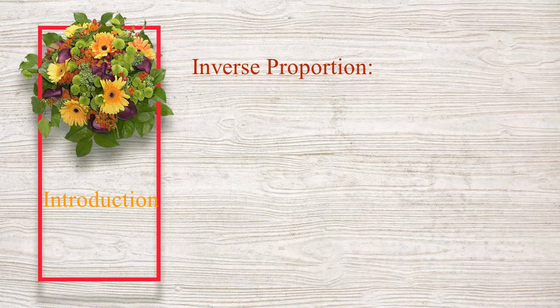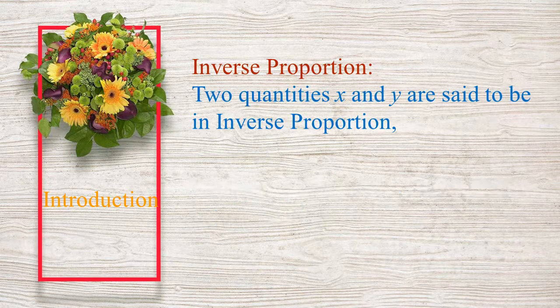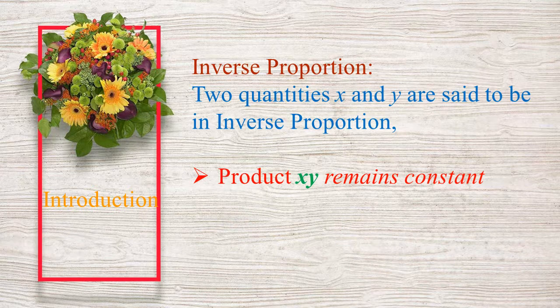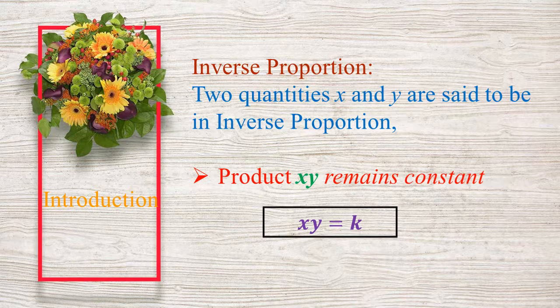Two quantities x and y are said to be in inverse proportion if the product xy remains constant. So, xy equals k.